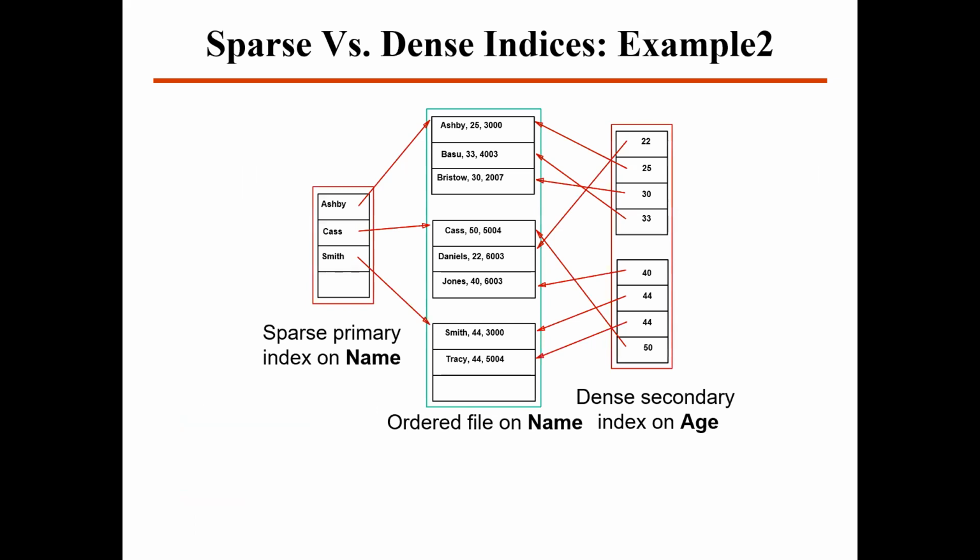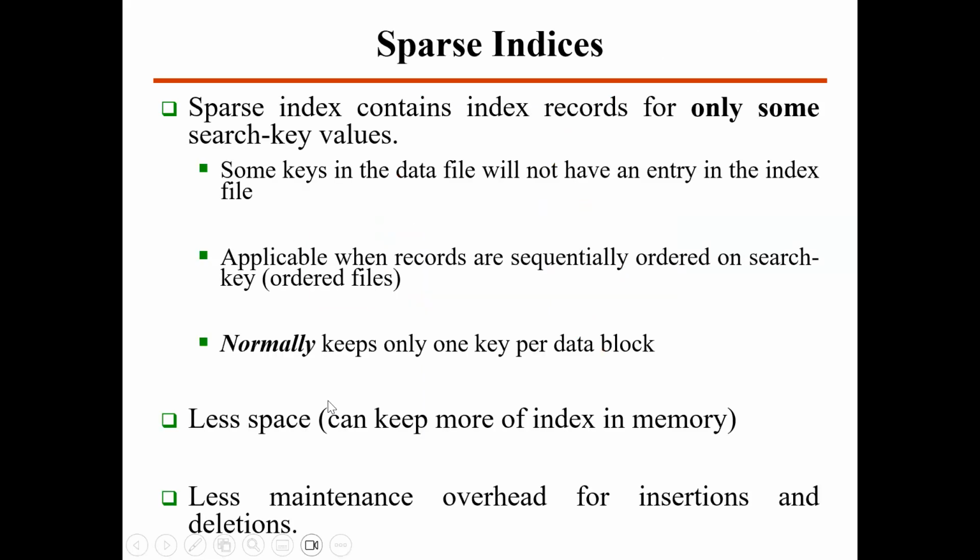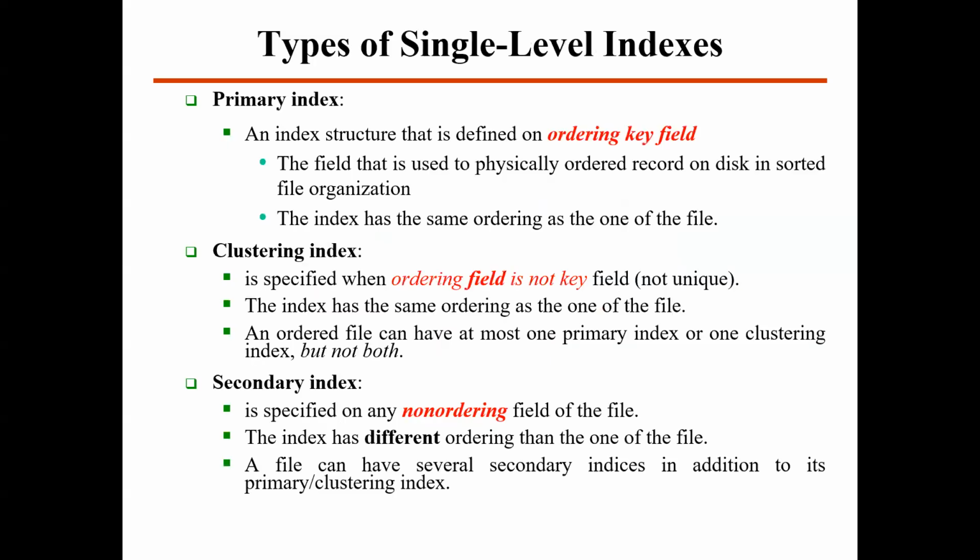So the data file will be 100 multiplied by 50, which is 5,000, right? For that, you have only 100 entries, because each block is connected with one entry. Now, the maintenance overhead is less for insertion and deletion. Insertion and deletion overhead is very little.